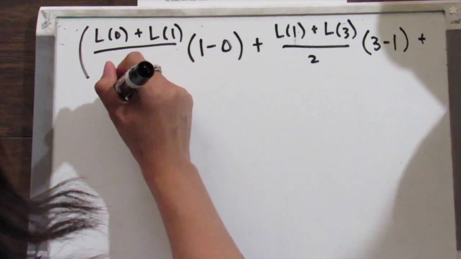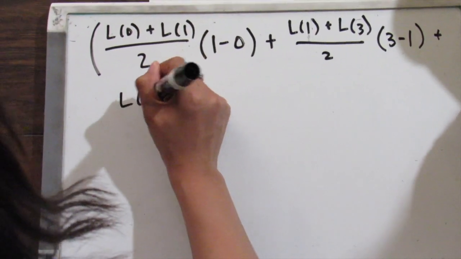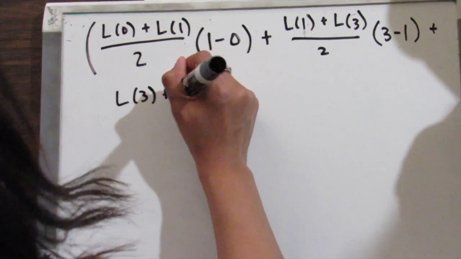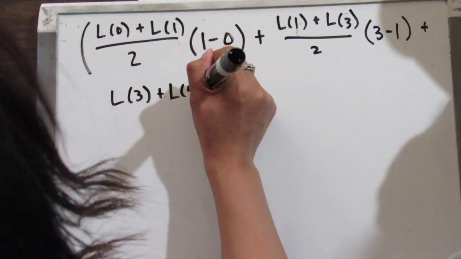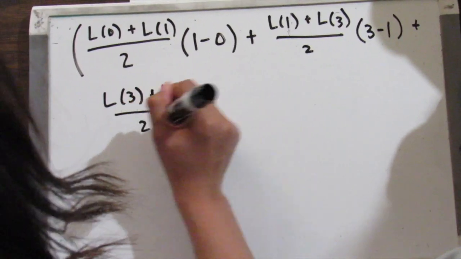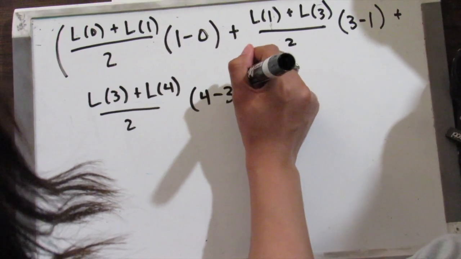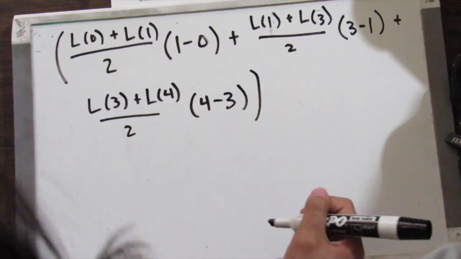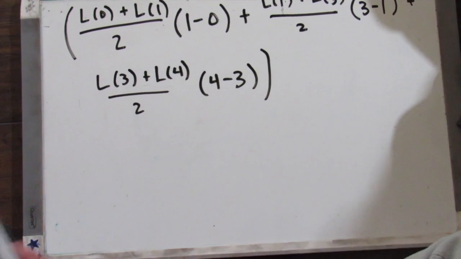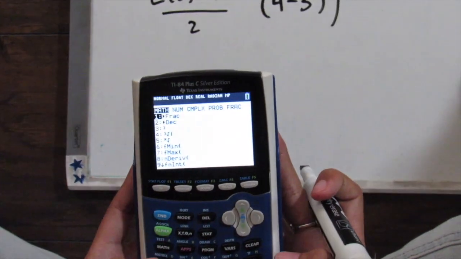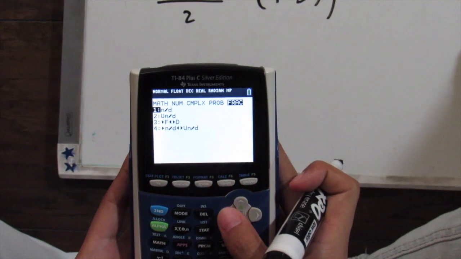And then you would add the next interval, which is the amount of people at 3 plus the amount of people at 4. Divide it all by 2. And then again, multiply it by the amount of time that has passed. And now you would put everything in the calculator to get your final answer.